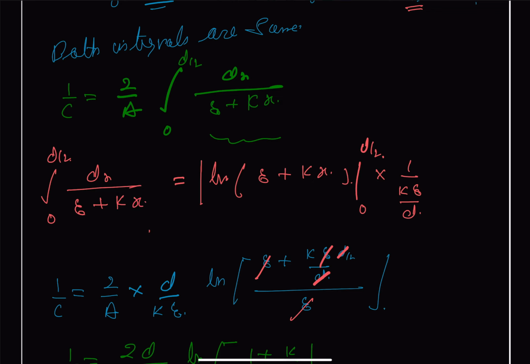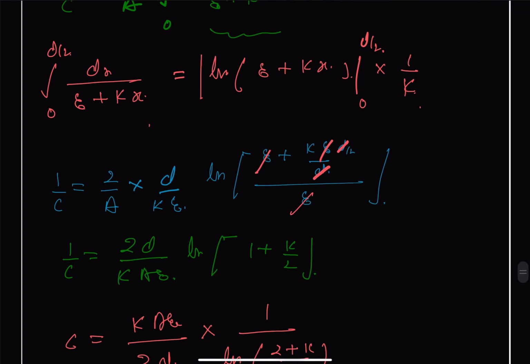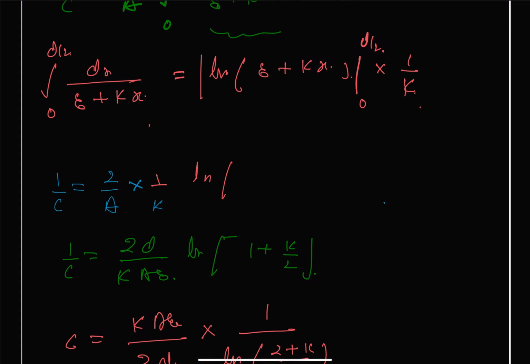So here also it will now be only k, and the rest of the things are now, so this comes as 1 upon k, and we have the natural log of epsilon naught plus k d by 2, and this comes as minus the natural log of epsilon naught.